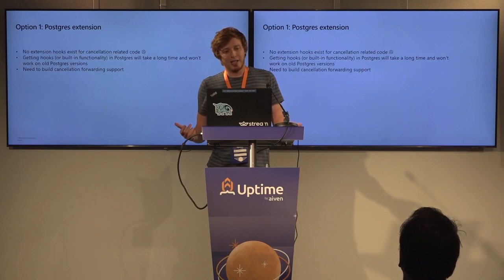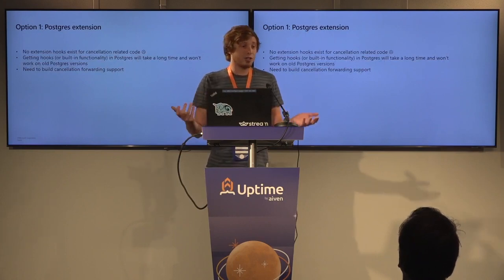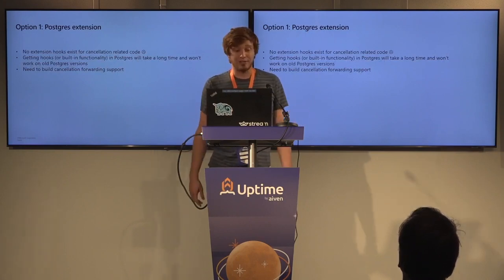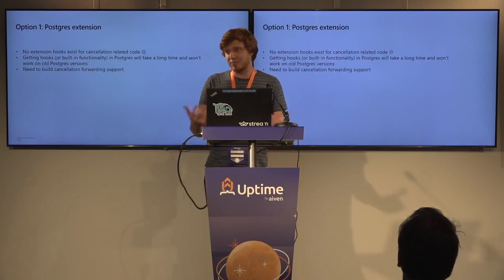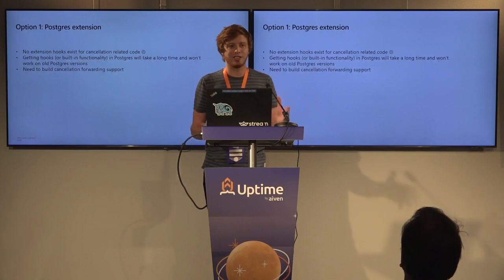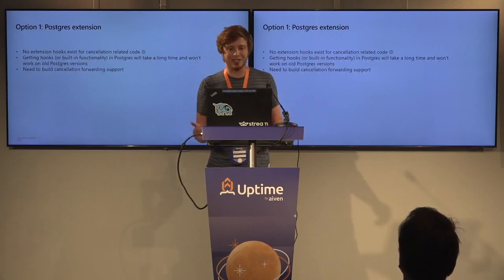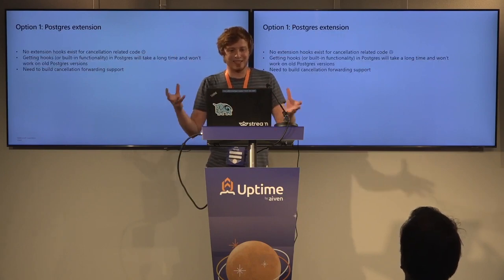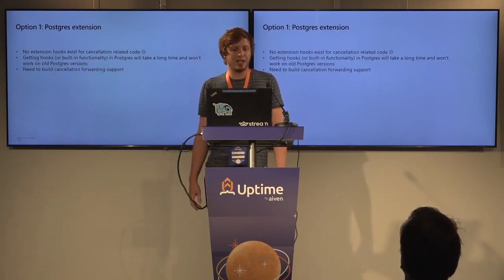So one other way is to get hooks or built-in functionality into Postgres itself, but that takes a long time because Postgres releases happen once a year, and there's a half a year feature freeze. So it usually takes between half a year and a year and a half to get something new into Postgres.